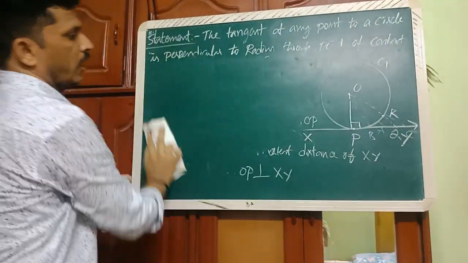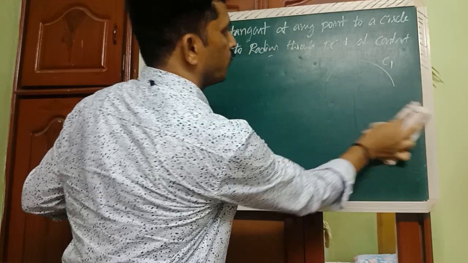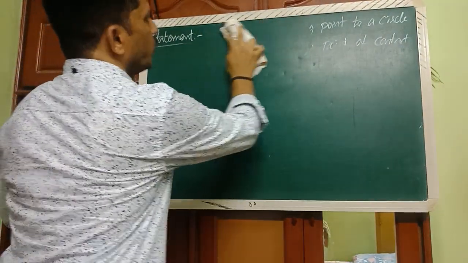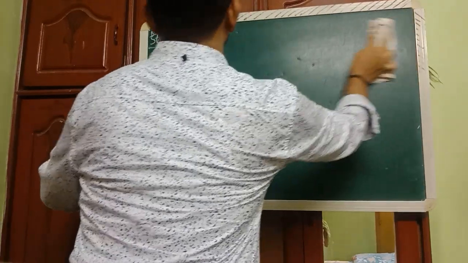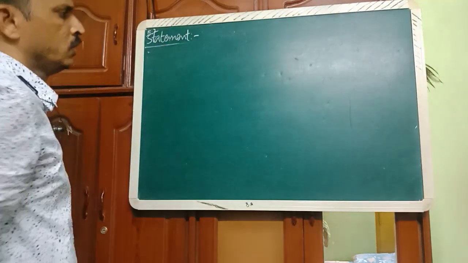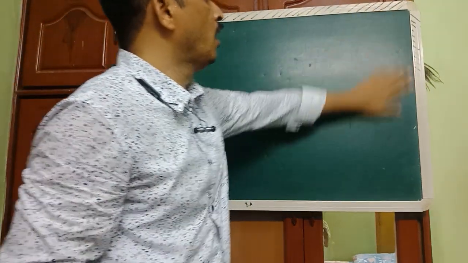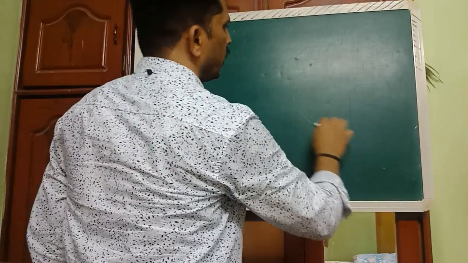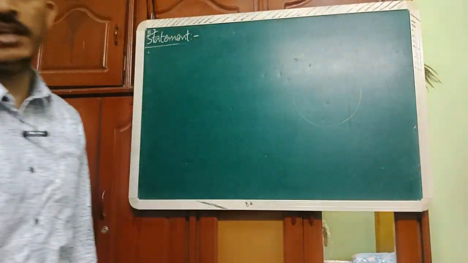Next one is 10.2. I hope you understood this theorem. Before going to 10.2, tangents. If we take only one circle, how many tangents can be drawn in a circle? Infinite.